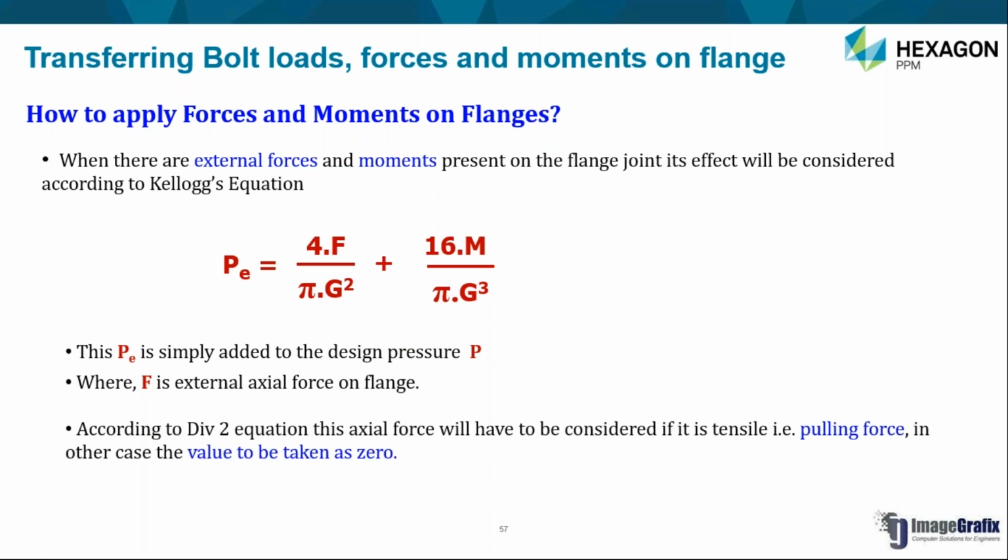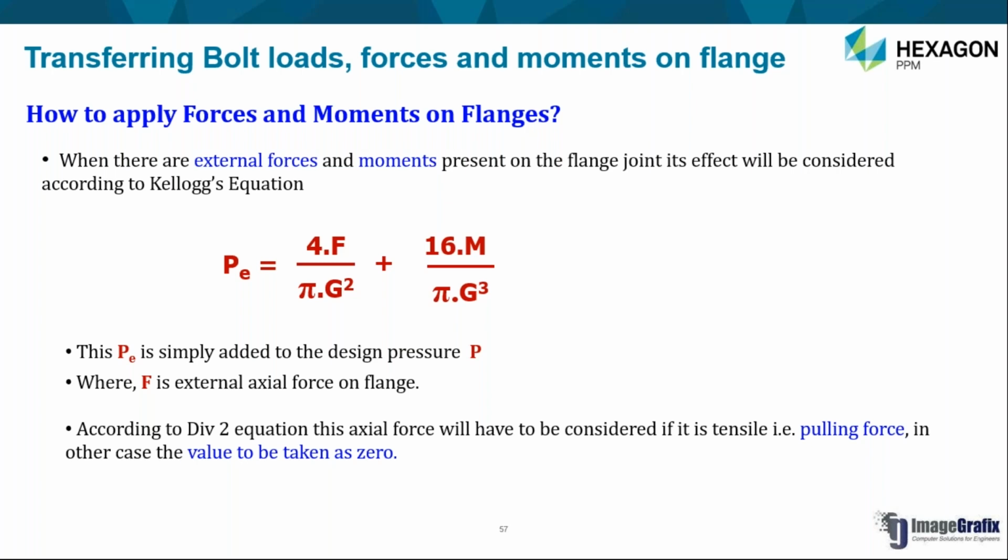But if it is pulling in nature and supporting the pressure, then it may help the pressure to open the flange. In that case, we have to convert that axial force into equivalent pressure, and then add that equivalent pressure into the design pressure while designing the flange.